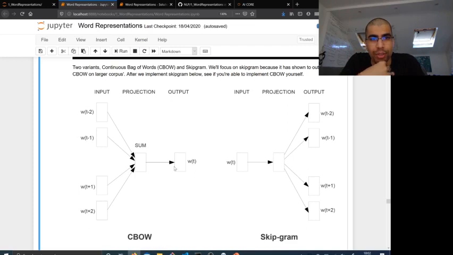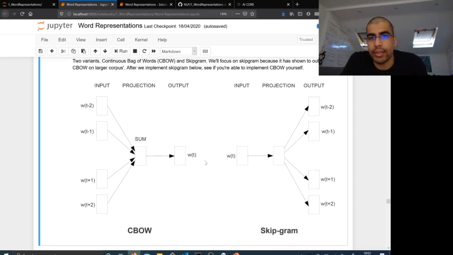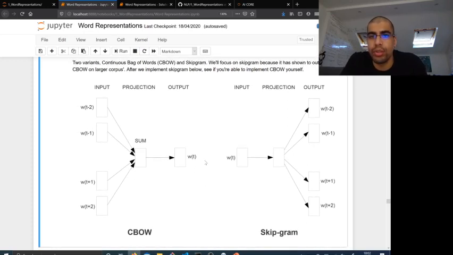The architecture is slightly more complicated than Sibao, but if you can do skipgram, you can do Sibao. So as a challenge to yourself, after this lecture, if you want to try and implement Sibao from scratch, feel free to go ahead and do that.